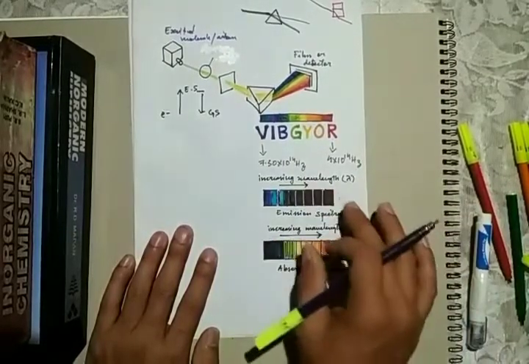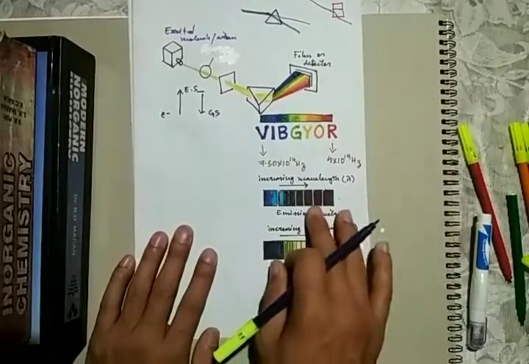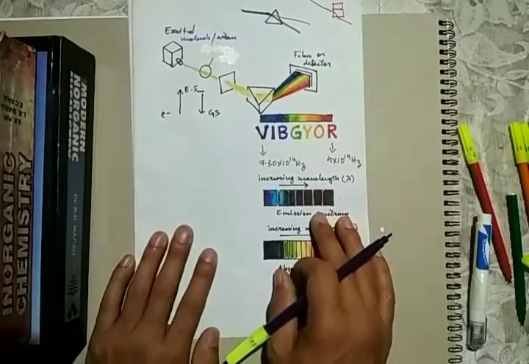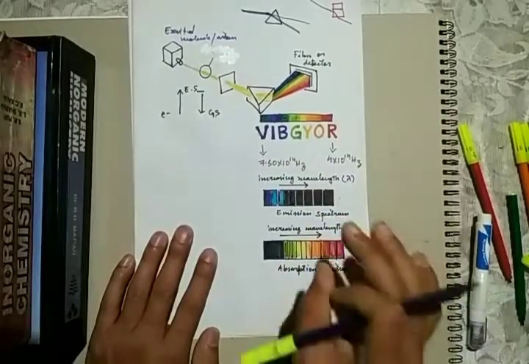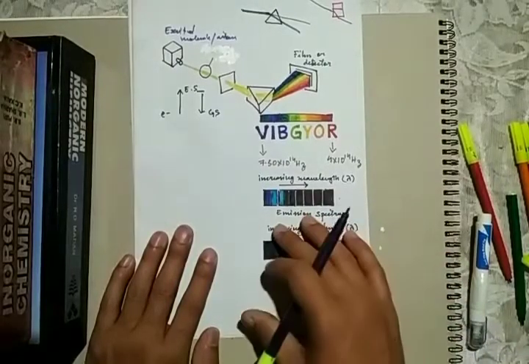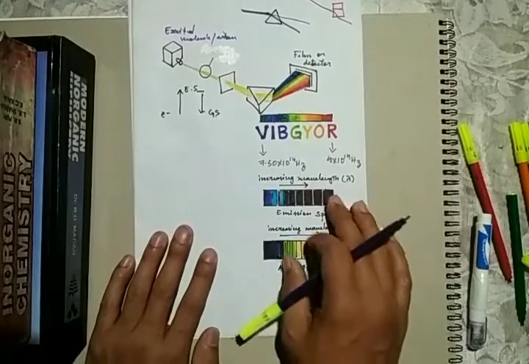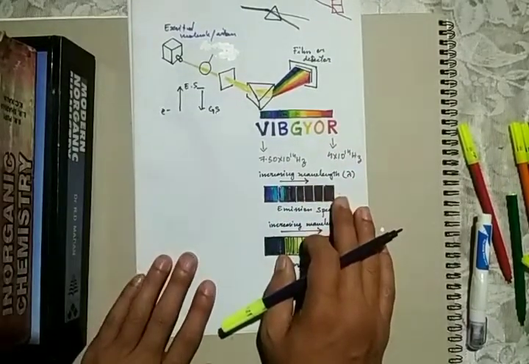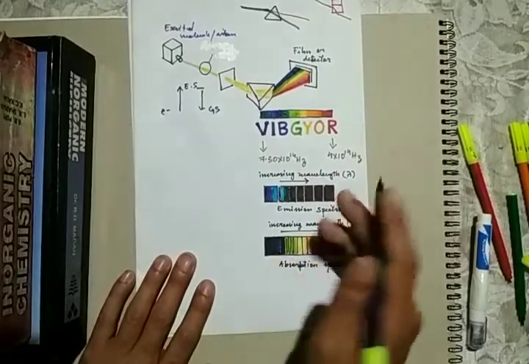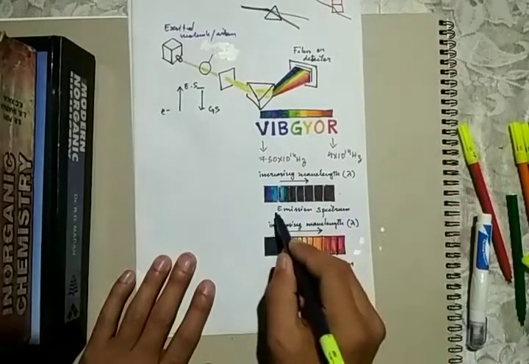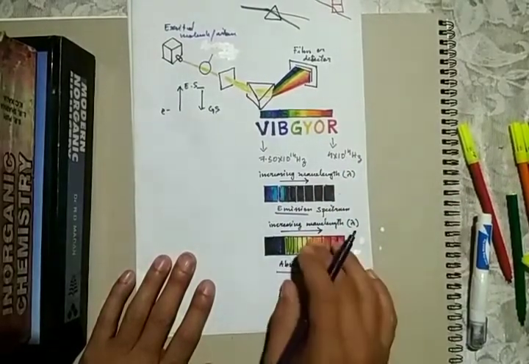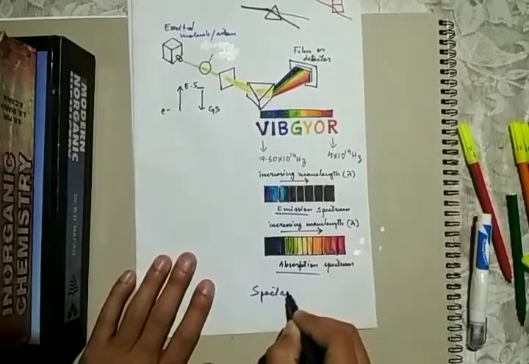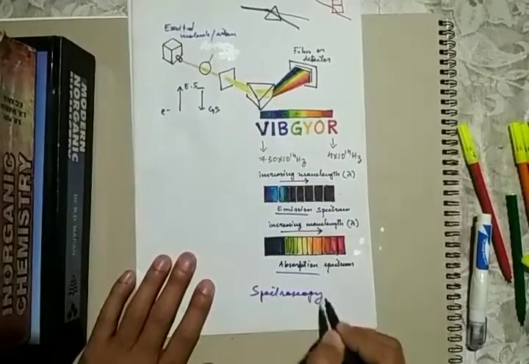So every element has different, characteristic spectral lines, and through these spectral lines an element can be detected. The study of emission and absorption spectra is known as spectroscopy.